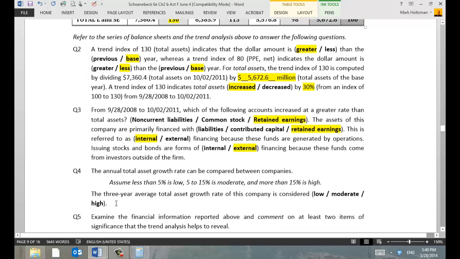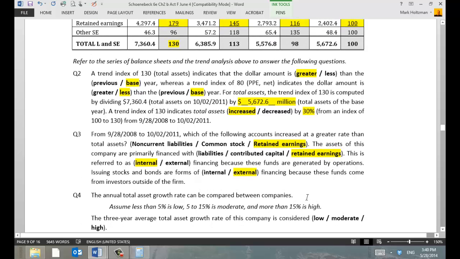What is the 3-year average total asset growth rate? 30% is for 3 years. What's the average growth rate per year? Yes, 10% per year.